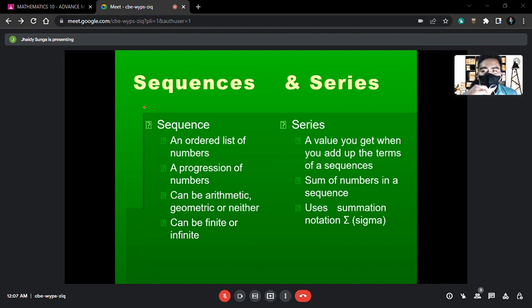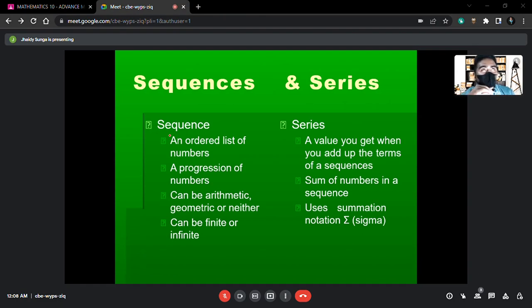Later on, you will be knowing why it is like that. Also a sequence. A while ago, I already said what a sequence is all about. If we say sequence, it is a progression of numbers, or there is a continuous pattern that you could see in that kind of set. All right. Also, if we say a sequence, we could see if it is arithmetic or geometric.